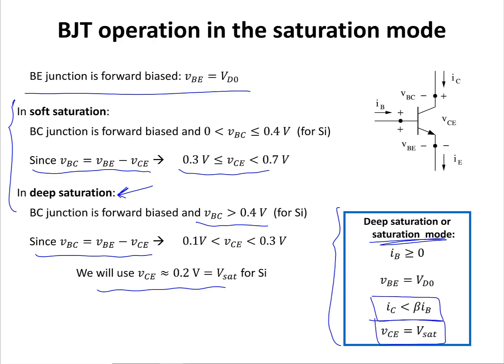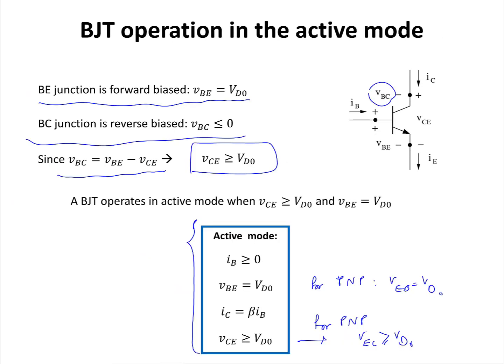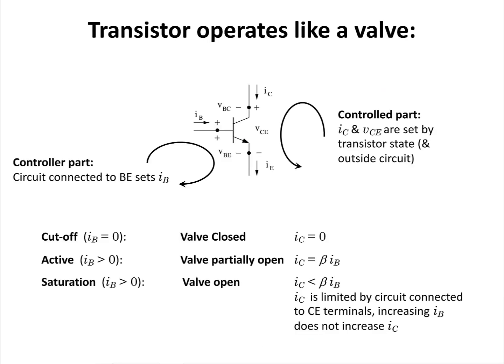When the BJT operates in the saturation region, the collector current is not equal to beta times IB, and if you increase the base current, the collector current cannot increase proportionally, and IC is going to be less than beta times IB. Beta is the current gain of a BJT. It is a property of a BJT device, and you can find this value or a range of values for beta from the data sheet for any BJT transistor.